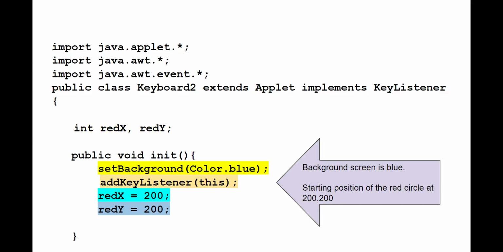In the init section, I set my background color to blue. I add the key listener, which tells Java that I'm using the keyboard, and I set my redx to 200 and my red-y to 200. So at the start of my application, my red circle will be at position x 200 and y 200.